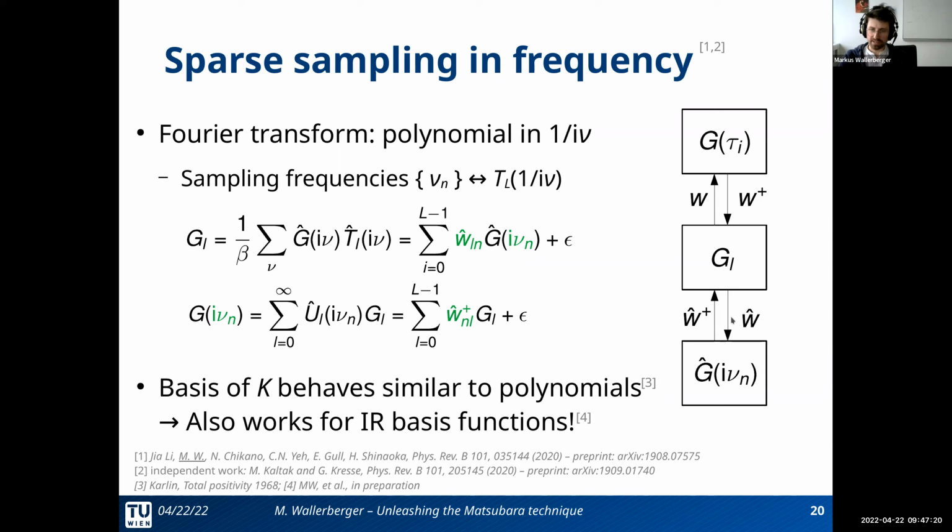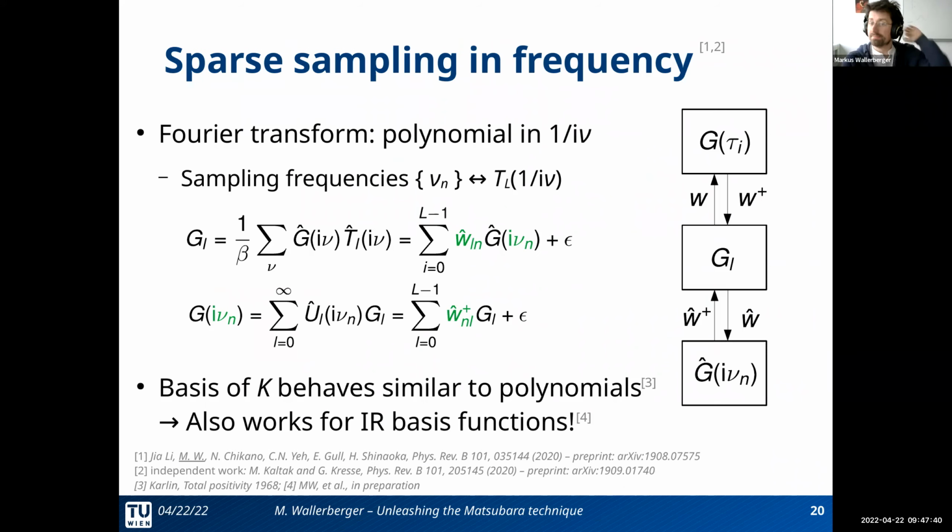So in other words, we can do this not only for polynomials, but also for our IR basis functions. We have a way to go from time to frequency. And that means we can solve each of these equations in the basis they're best suited in.